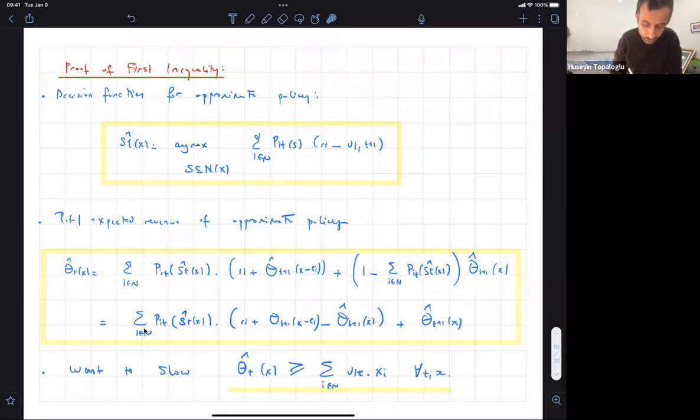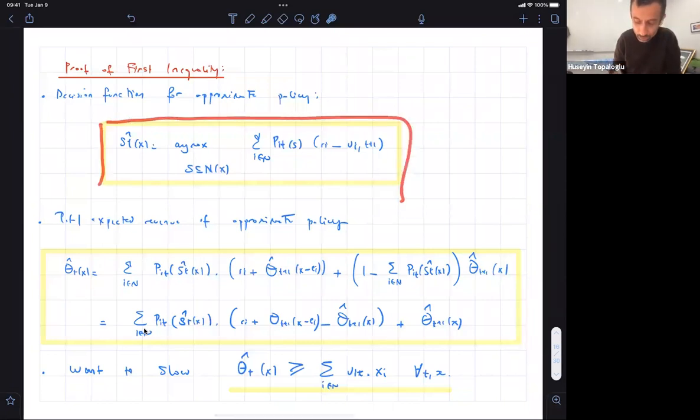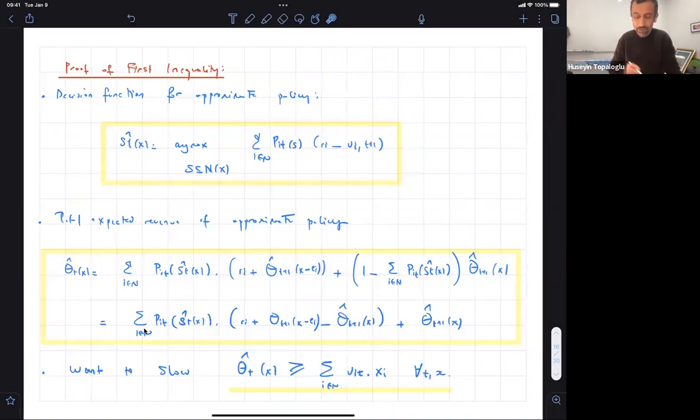So this was the decision function, if you will, for our approximate policy. If I'm sitting at time period t with the remaining capacities x, then the assortment that my approximate policy offers is given by: find an assortment that is capacity feasible and maximizes this net expected revenue, where the net revenue contribution of product i is given by the revenue of product i minus its bid price at the next time period.